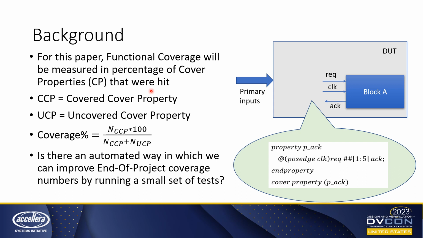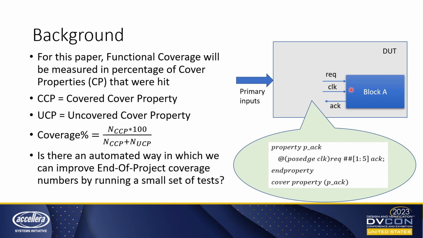Since we're going to talk about cover properties a lot, I would like to introduce at a high level what cover properties are. Suppose we have a DUT and there is a block inside it, and the testbench, that is, the verification owners, are writing random tests to control the primary inputs.